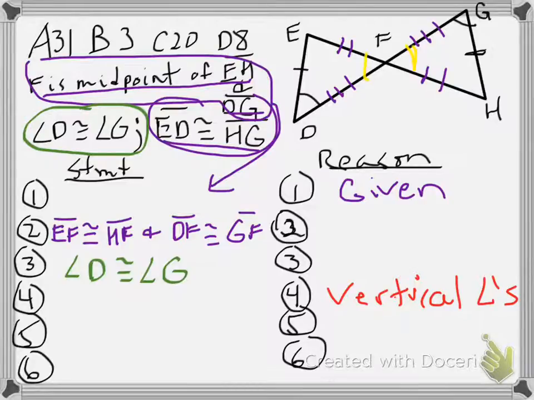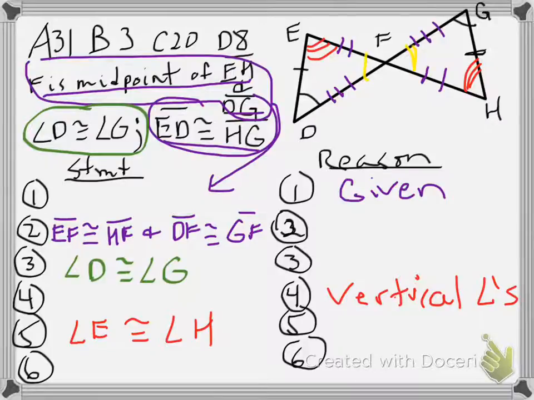Well, we're only missing this angle and this angle now, and the third angles theorem says if you have two angles in one triangle exactly the same as two angles in another triangle, then the third angles must be the same. So it must be angle E is congruent to angle H, which is what I wrote in there in pictures. But that would be using the third angles theorem. And the last was the triangles are congruent. Triangle DEF is congruent to triangle GHF.